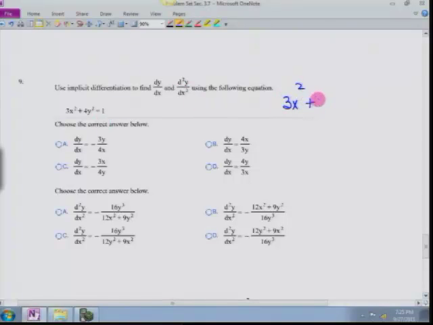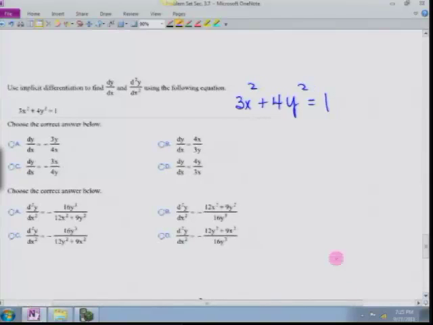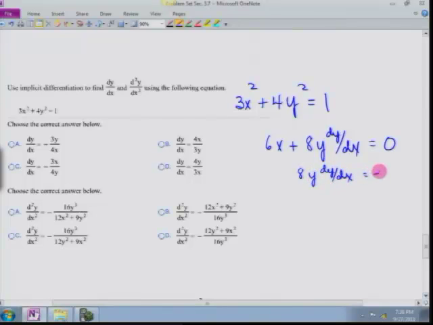3x squared plus 4y squared equals 1. So they're asking for the first derivative. So let's do that. First derivative. What do we get here? Equals 0. And so 8y dy dx equals negative 6x.